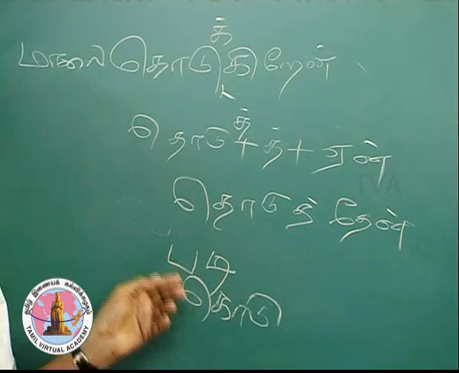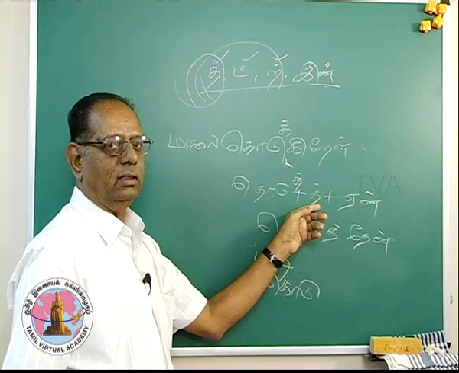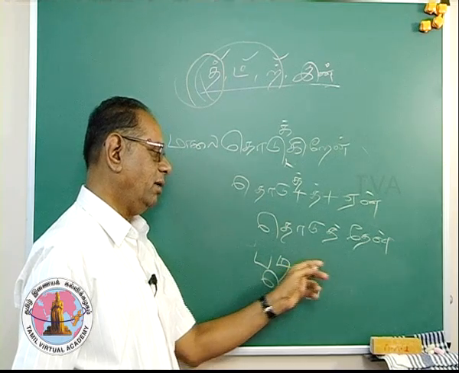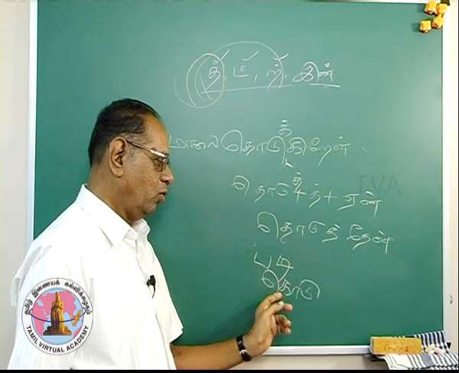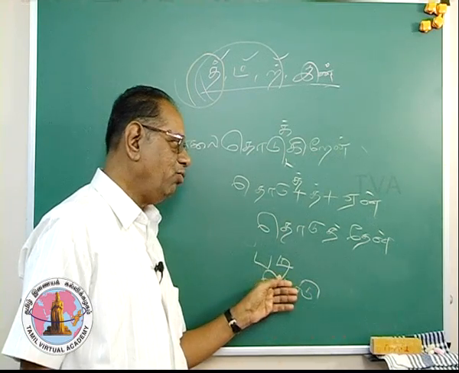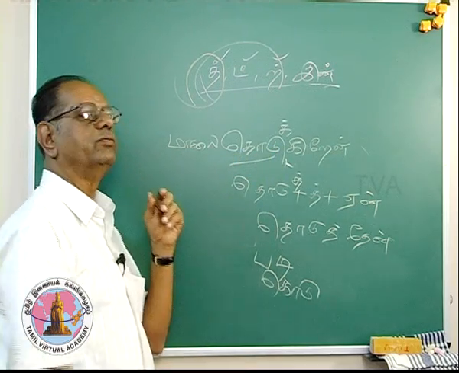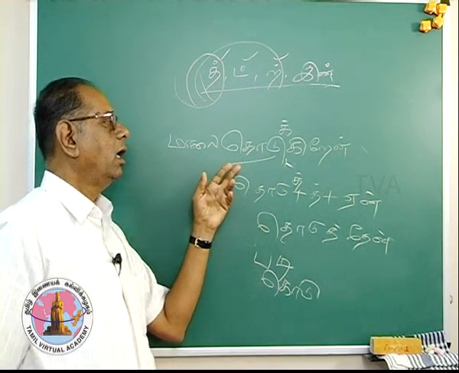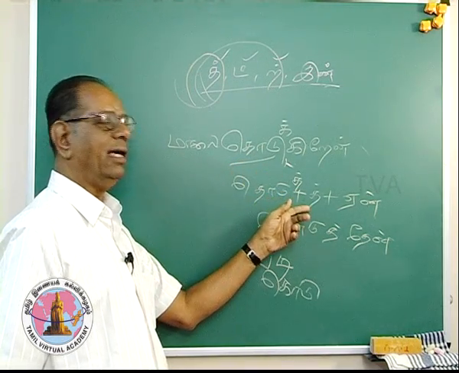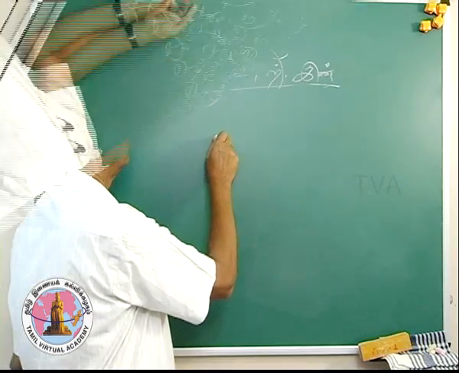In these two words also, we doubled this tense marker it. Padithen, koduthen. Same way here, this particular verb todu gets doubled when it accepts a case marker, whether it is present tense or past tense.